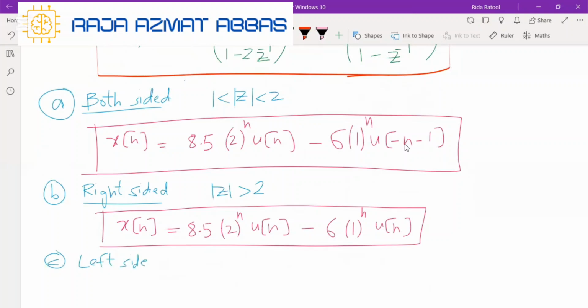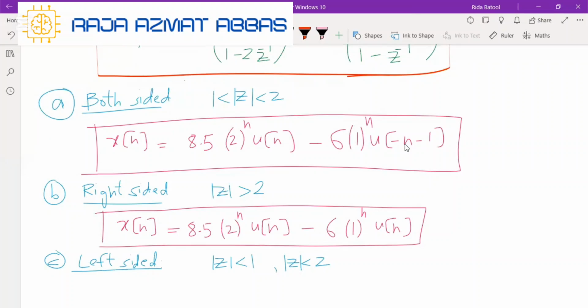You have to do this if it is not mentioned whether the signal is left-sided, right-sided, or both-sided. Now, if the signal is left-sided, you will get these two ROCs. Now you have to finalize one ROC. Z less than 1 or Z less than 2?